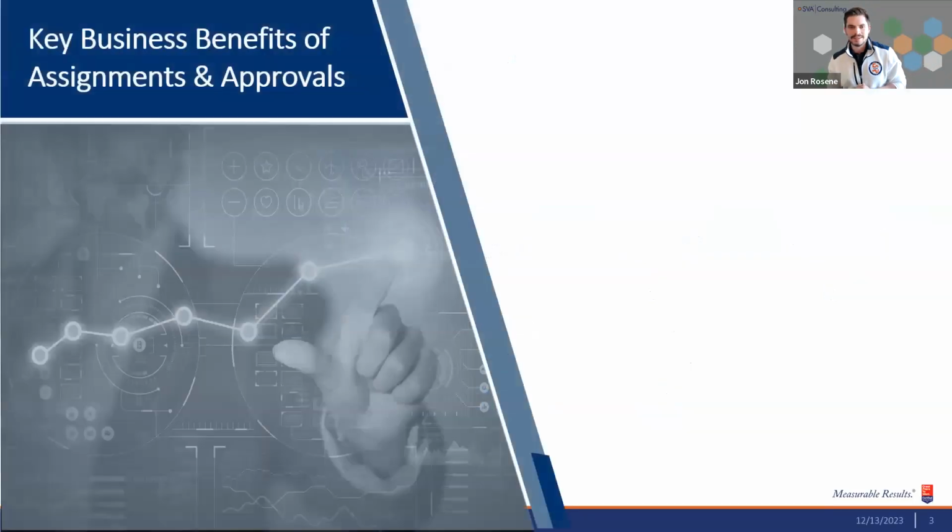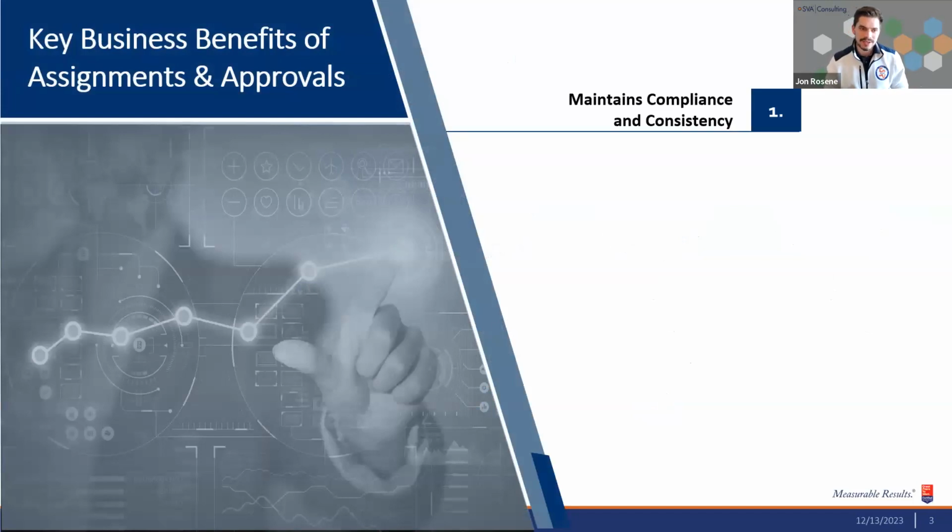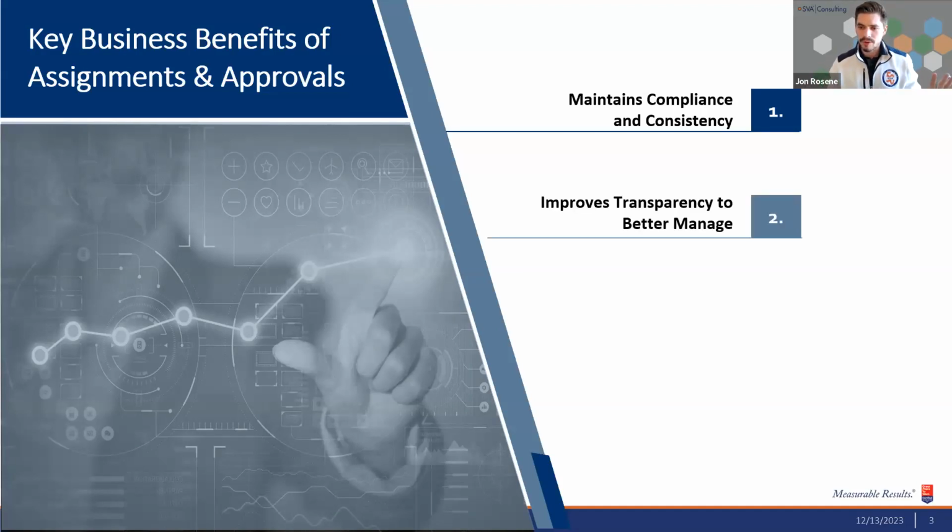As we get into the key benefits of assignment and approval maps, there are a few areas that we want to highlight and keep as priorities as we think through how we could apply this to our organization. First and foremost, it maintains compliance and consistency. We can develop logical workflows that are set for certain parameters within the business.